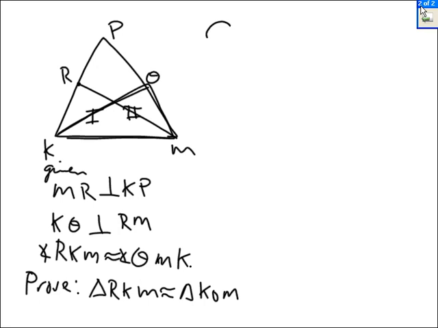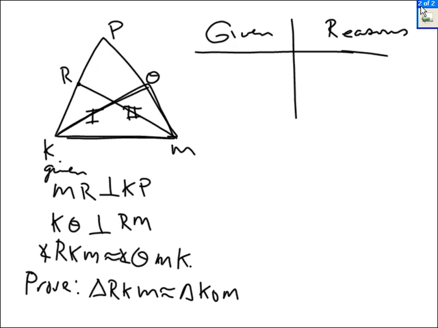Okay, so write this up. You have the givens and you have the reasons. Like always, number 1 will be everything that's given. We'll call them the givens, and the reason is they're given.